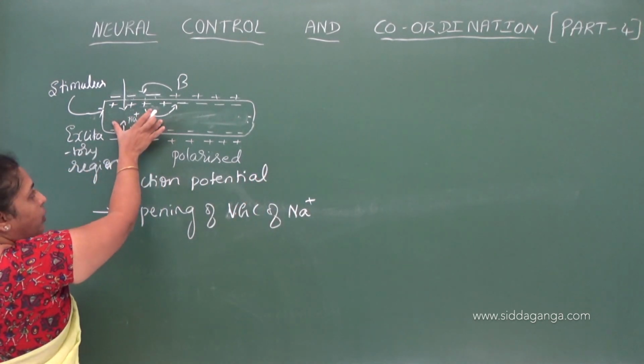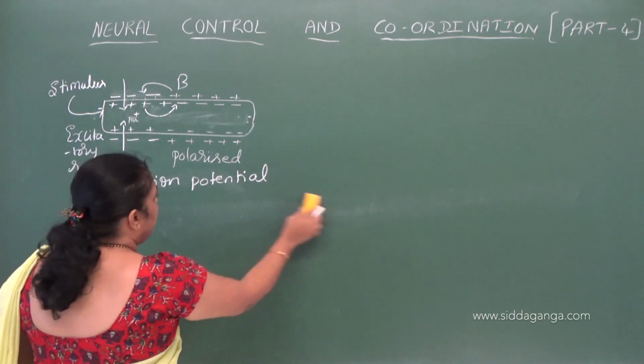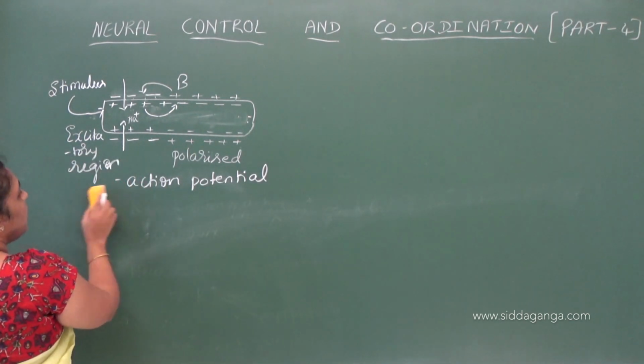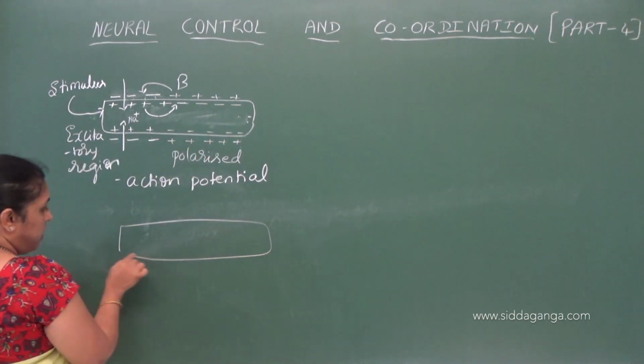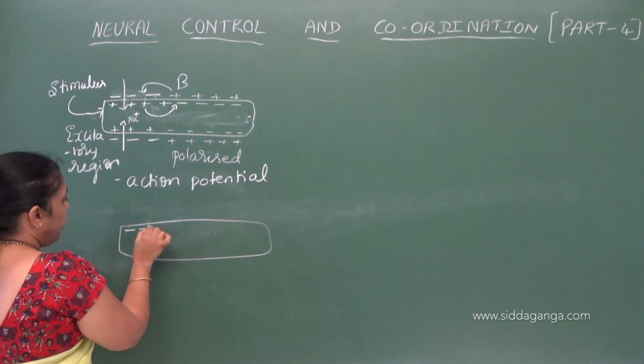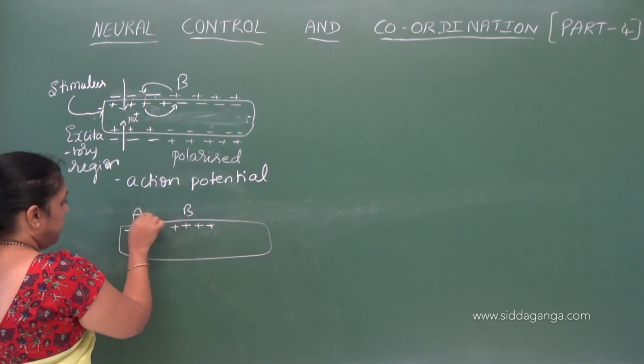After the circuit completes, it will shift to B region. So due to that, once it completes, it will be B region, it will be A region.